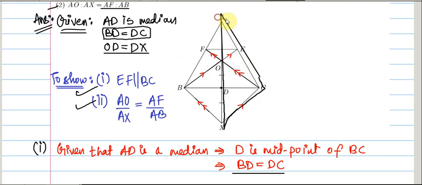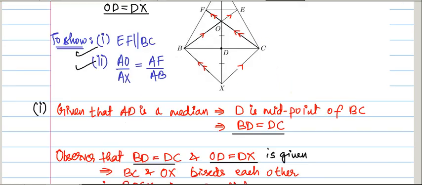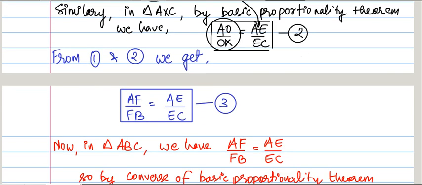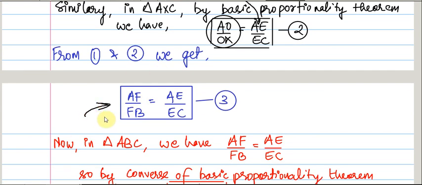In this triangle, this line is parallel to this base. So in triangle AXC, we have AO upon OX equals AE upon EC. So from 1 and 2, these two things are the same, which means AF upon FB is equal to AE upon EC. So these sides are in proportion.